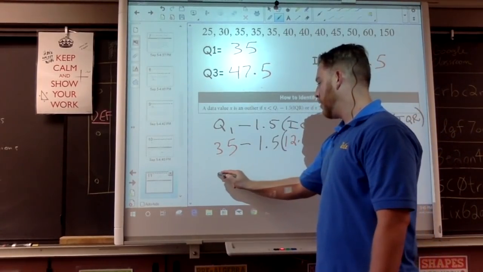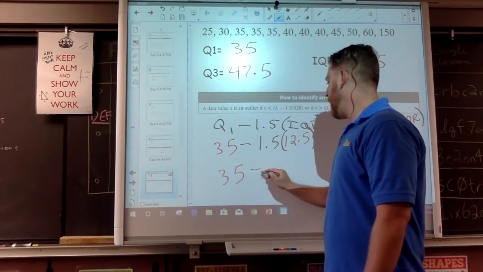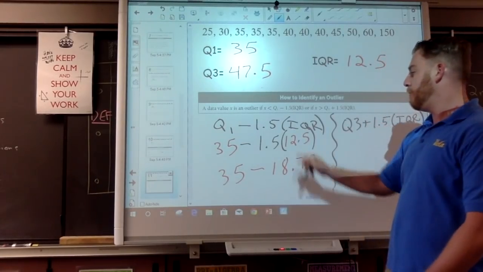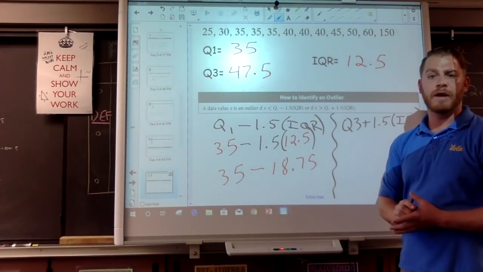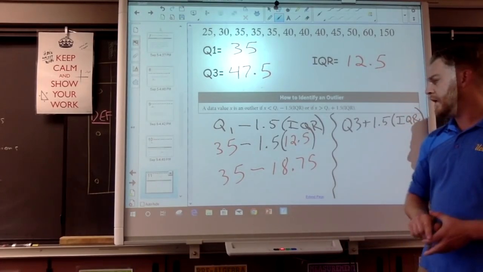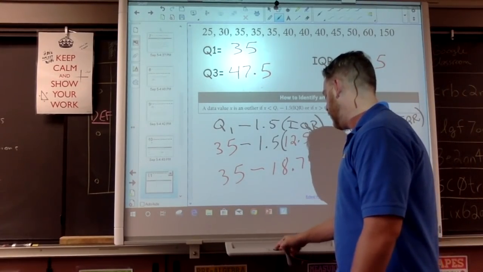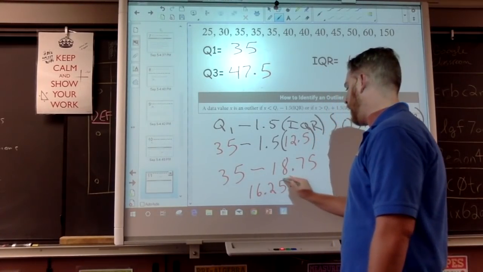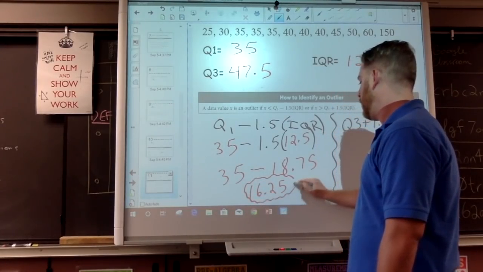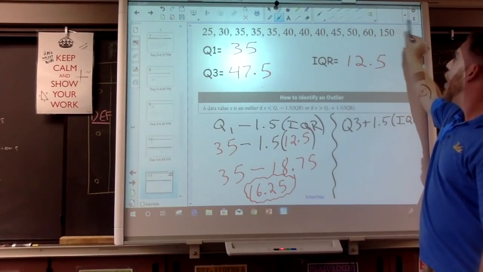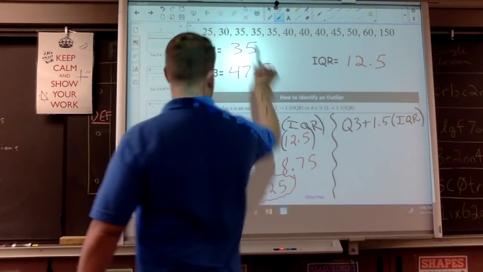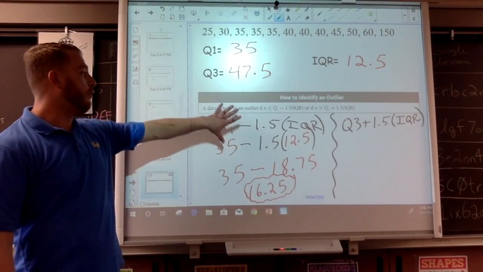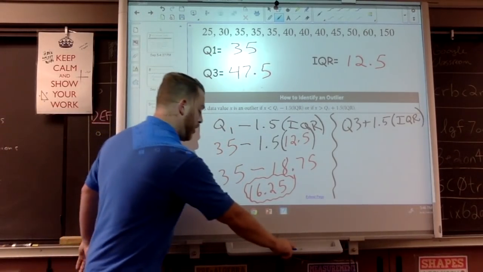So we have 35 minus 18.75, by using your calculator, 1.5 times 12.5, and we get a final total of 16.25. Now, as we look at our data set, there are no numbers that are less than 16.25. Therefore, on this side, there are no outliers.